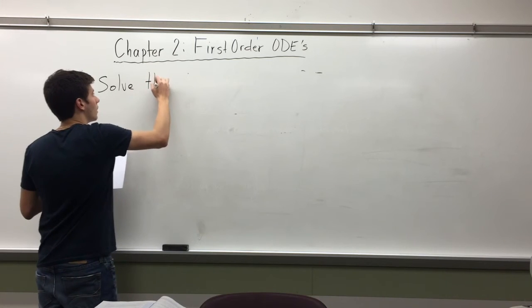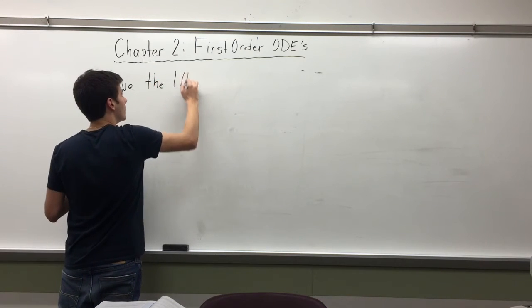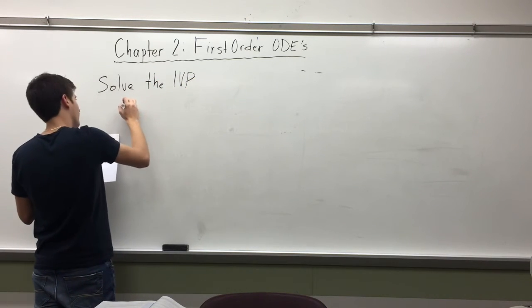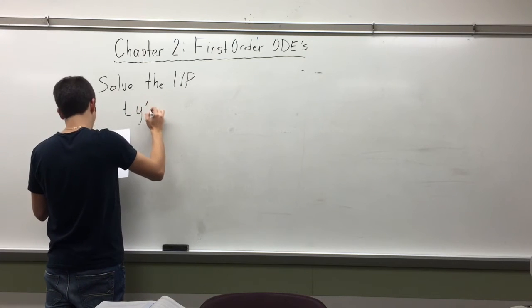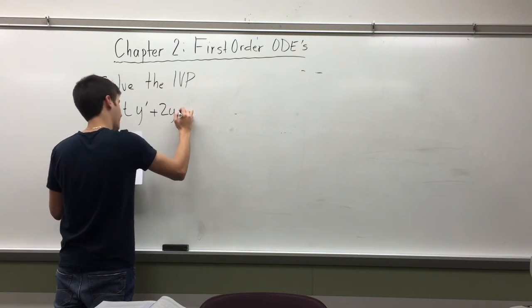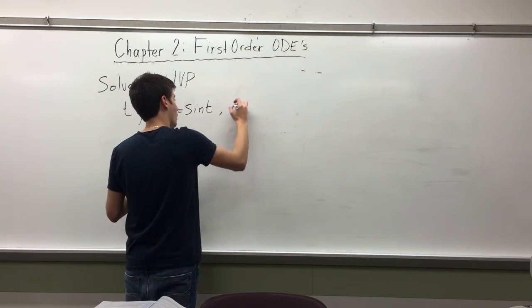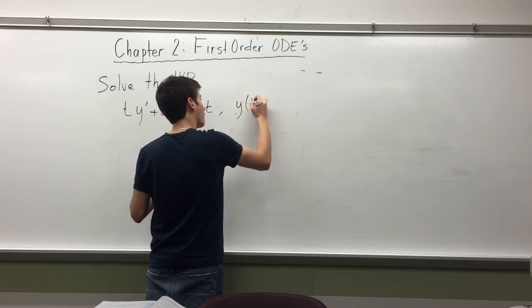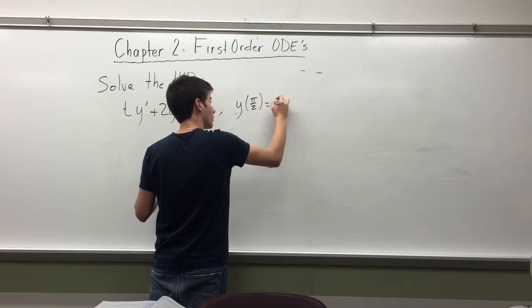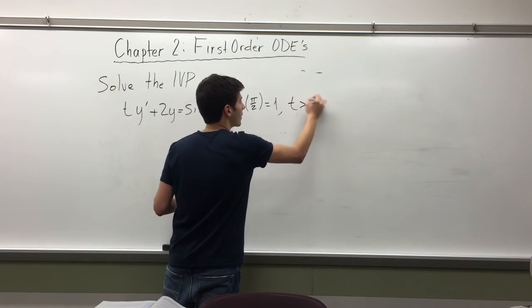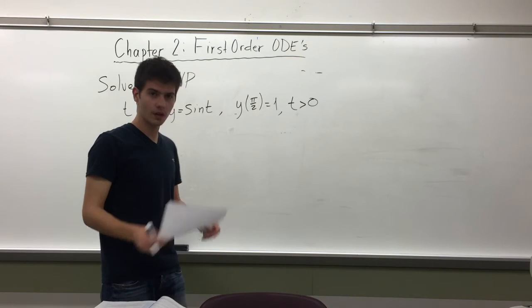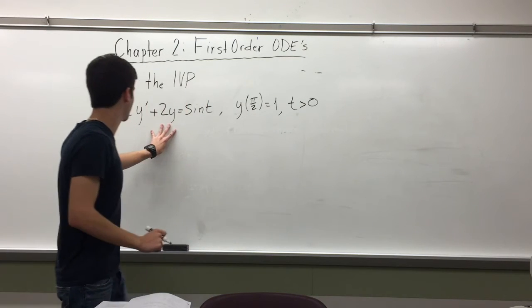Solve the IVP: t y prime plus 2y equals sine of t, where y of pi over 2 is equal to 1 and t is greater than 0. Alright, so let's solve this initial value problem.